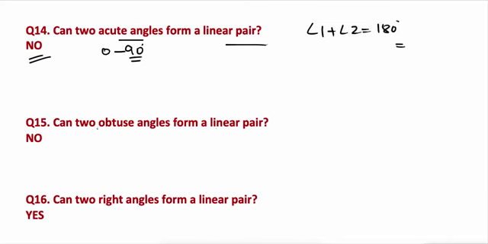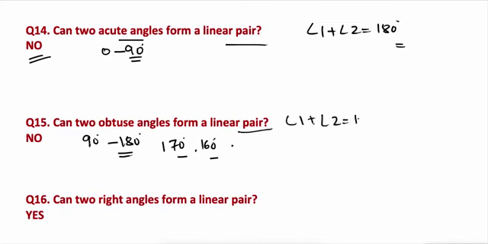Can two obtuse angles form a linear pair? The obtuse angle is between 90 to 180 degrees, so it can be around 170 degrees or 160 degrees. For a linear pair their sum should be equal to 180 degrees. So if the angles are two obtuse angles, their sum cannot be equal to 180 degrees. So two obtuse angles cannot form a linear pair.